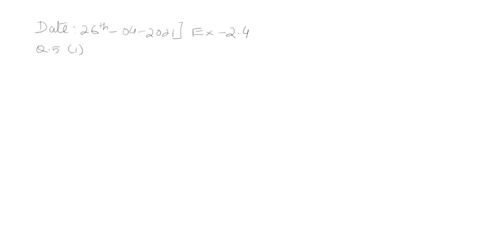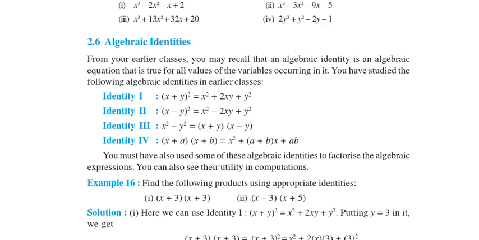So what is question number 5, first part? Anybody, any idea? It is x cube minus 2x square minus x plus 2. So when I write it, please do dictate it. Who will dictate this question?